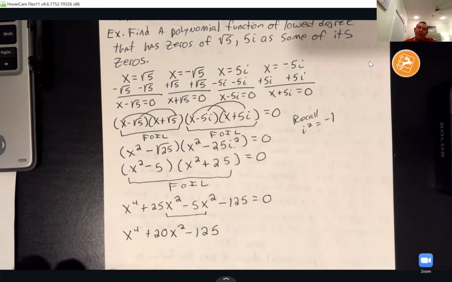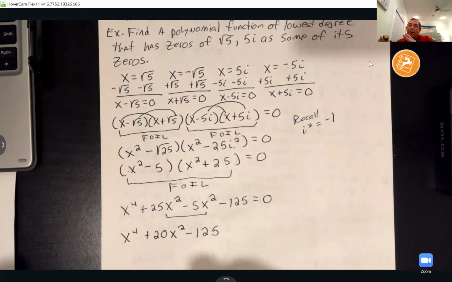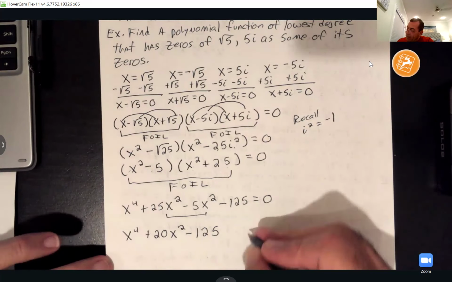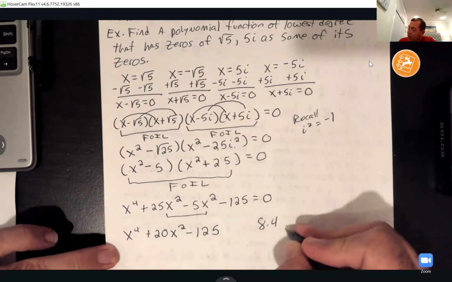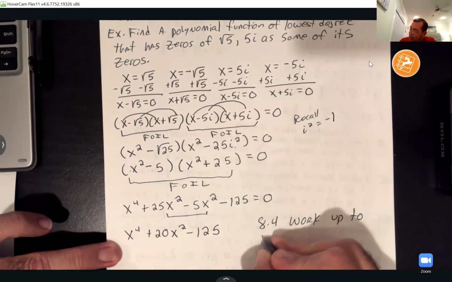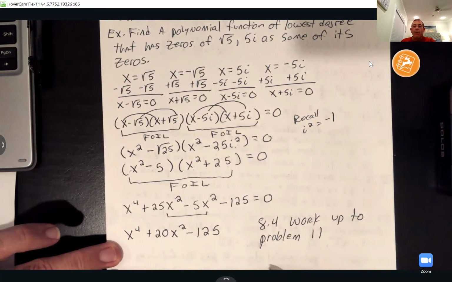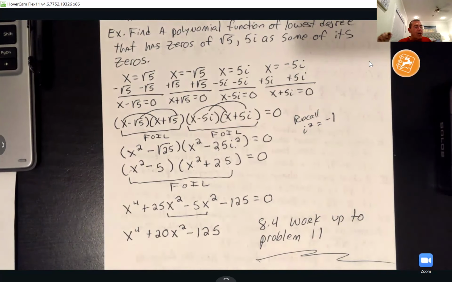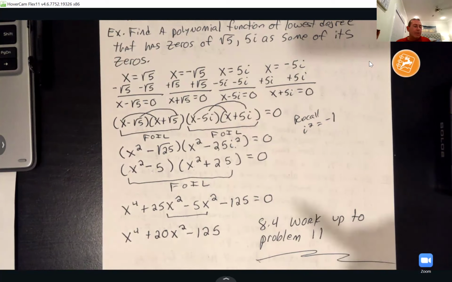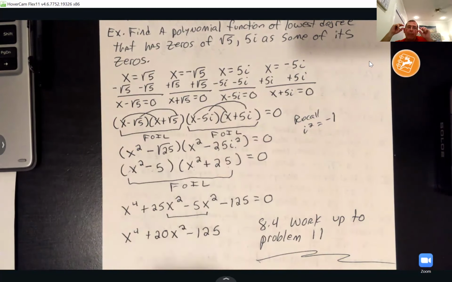So look, this will get you through up to 11. So for 8.4, work up to problem 11. We're going to come in Monday and start with the stuff around 12. And the stuff after 12, we'll start doing more synthetic division on those problems.